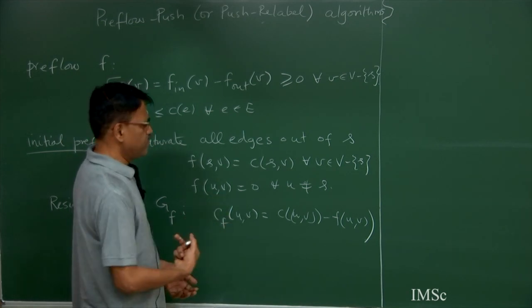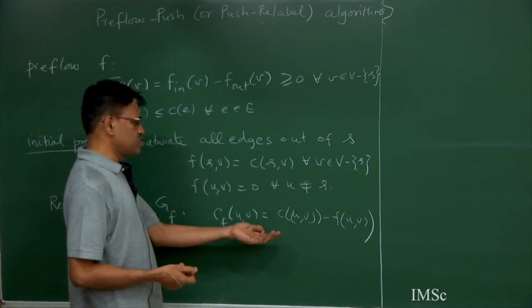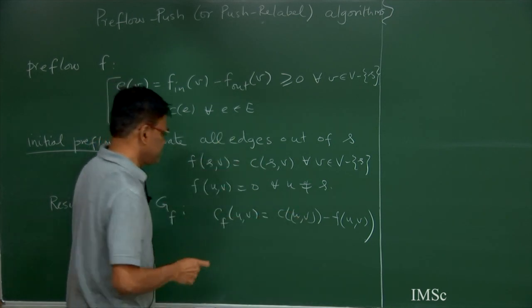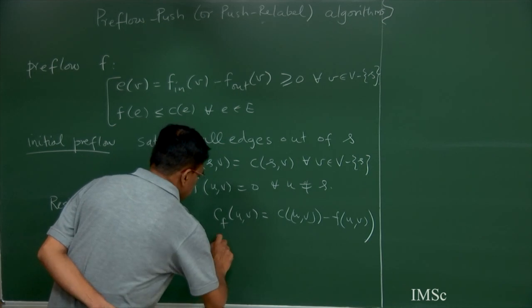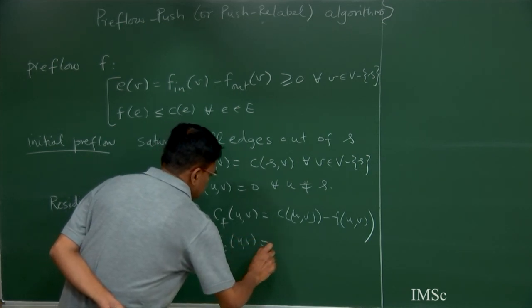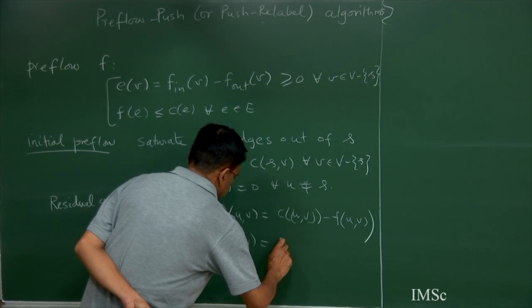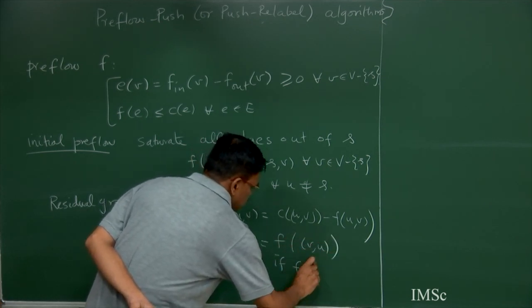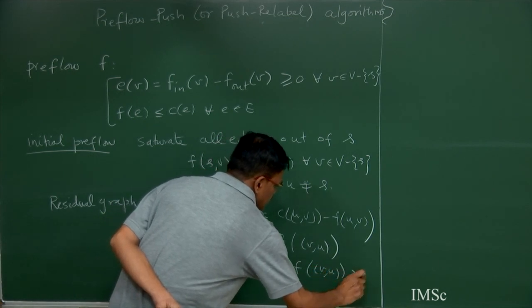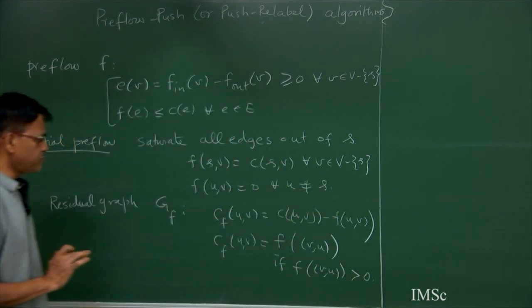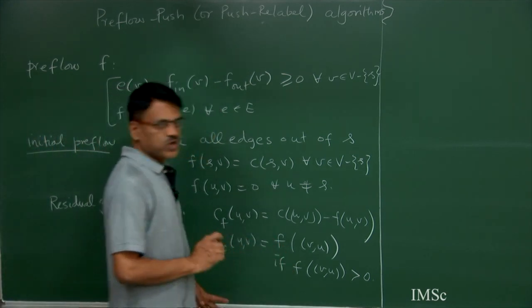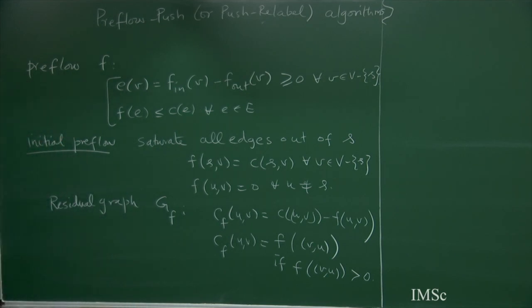We assume that the capacity in the reverse direction is 0, so it's 0 minus the flow in that direction. Whenever you have a positive flow going in one direction, you write the reverse edge with the flow value in the residual network. This is exactly as we define it for flow, we can define it for preflow.